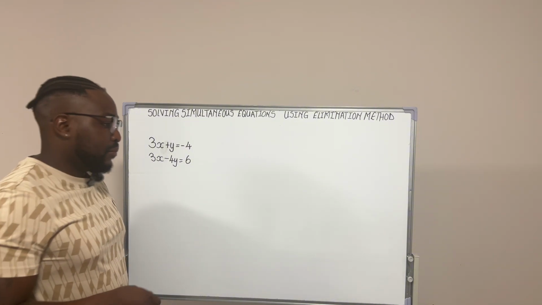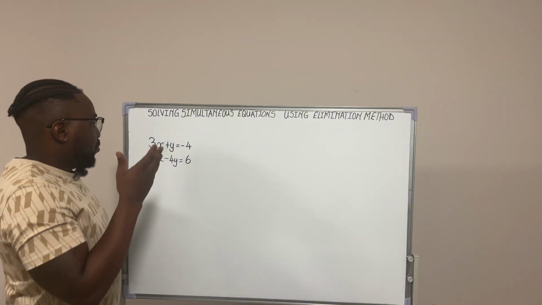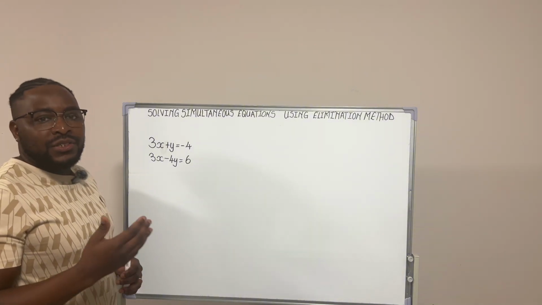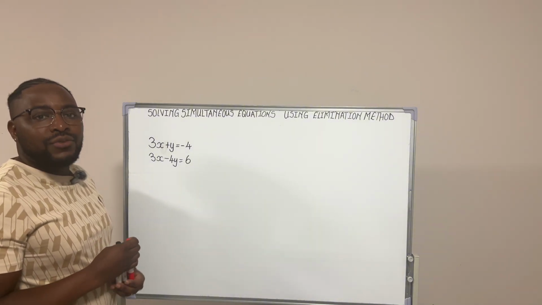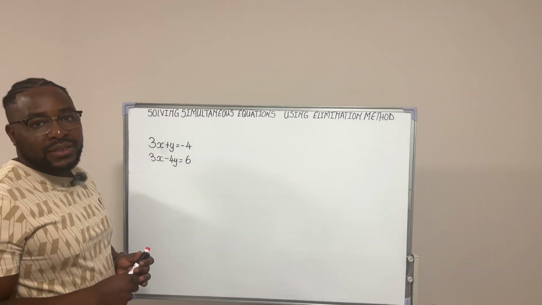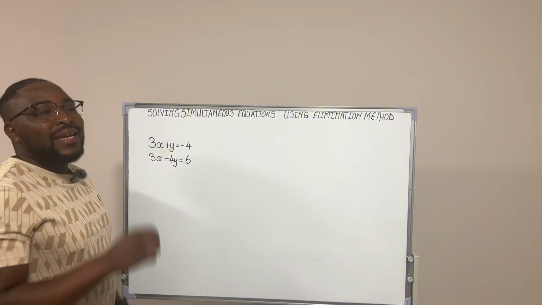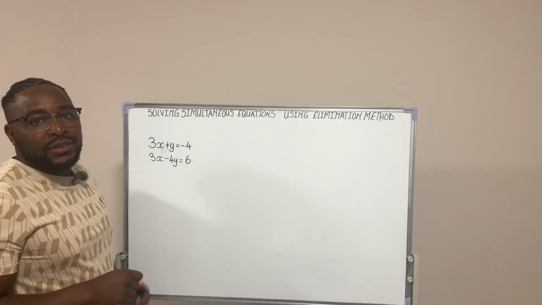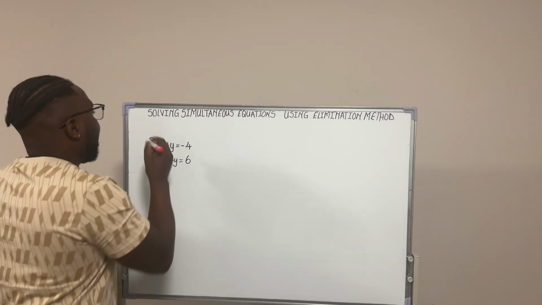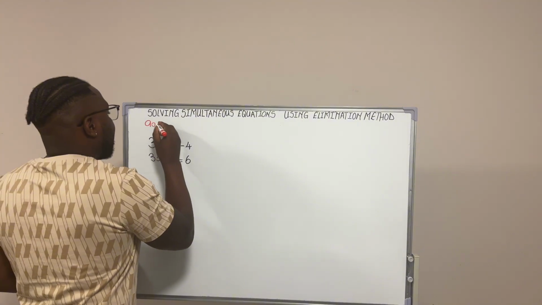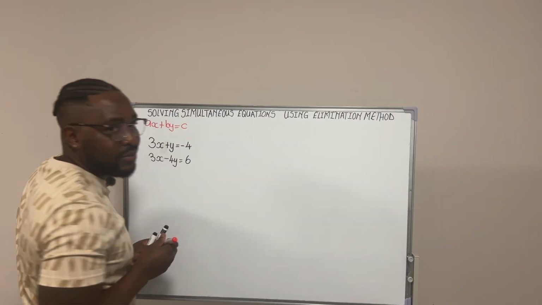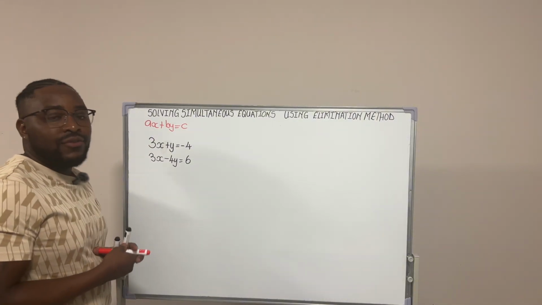Before we solve this question on our whiteboard, I want to tell you about the general rule that we have to follow whenever we are solving simultaneous equations using the elimination method. The simultaneous linear equation is in the standard form of ax plus by equals c.